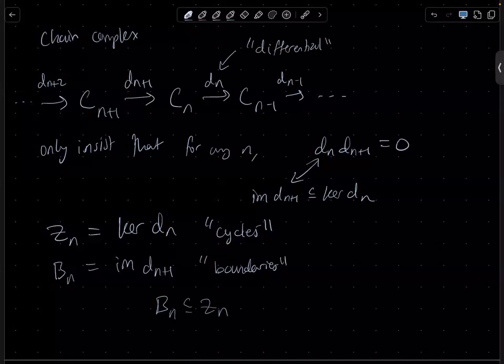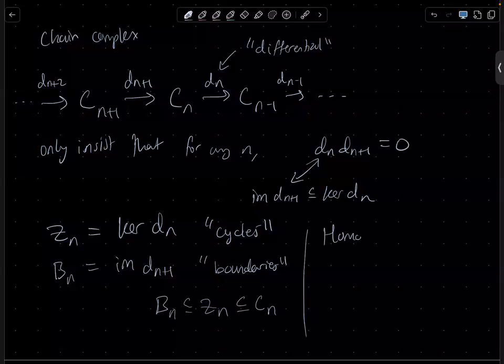So Bn is contained in Zn, and Zn, the kernel of Dn, is contained in Cn.